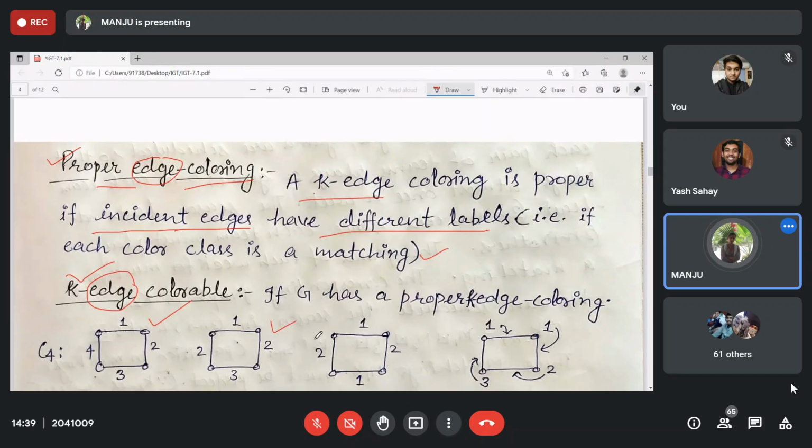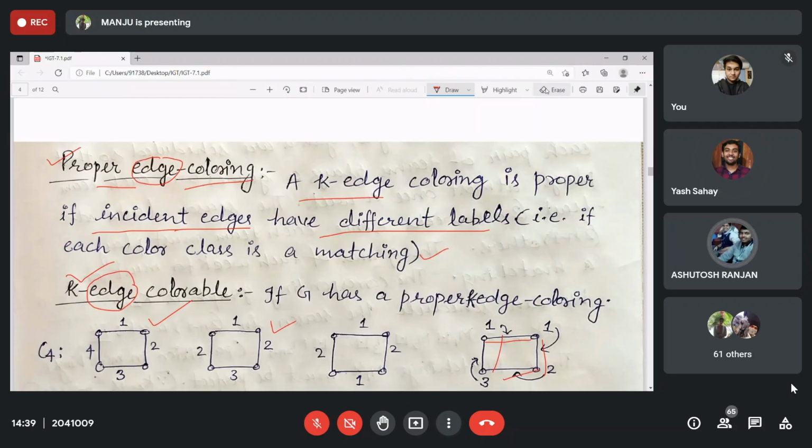Next is 2 edge colorable. What about the last one? This is 1, this is again 1, 2, 3.